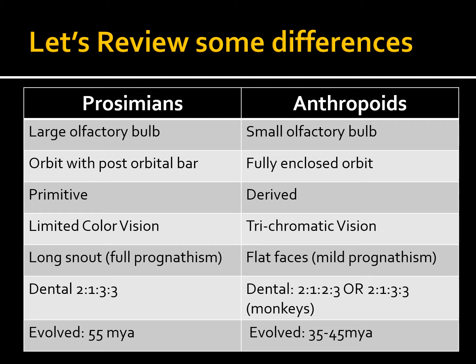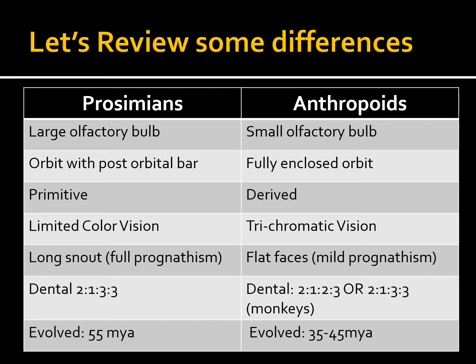They have limited color vision as well as long snouts. We call this full prognathism, and prognathism is just a fancy word for how far your face sticks away from the rest of your skull. They have a dental formula of 2-1-3-3: 2 incisors, 1 canine, 3 premolars, and 3 molars, and they evolved at or around 55 million years ago.